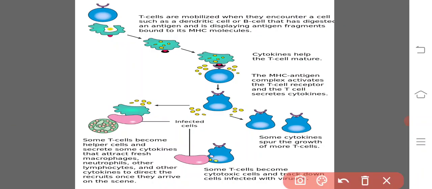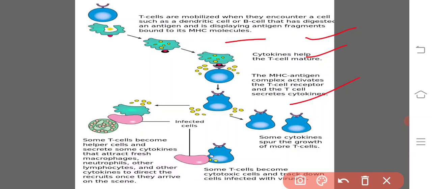Here, the T cells are mobilized when they encounter a cell such as a dendritic cell or B cell that has digested an antigen and displays antigen fragments bound to its MHC molecules. Cytokines help the T cell maturation. The MHC antigen complex activates the T cell receptor and the T cell secretes cytokines.